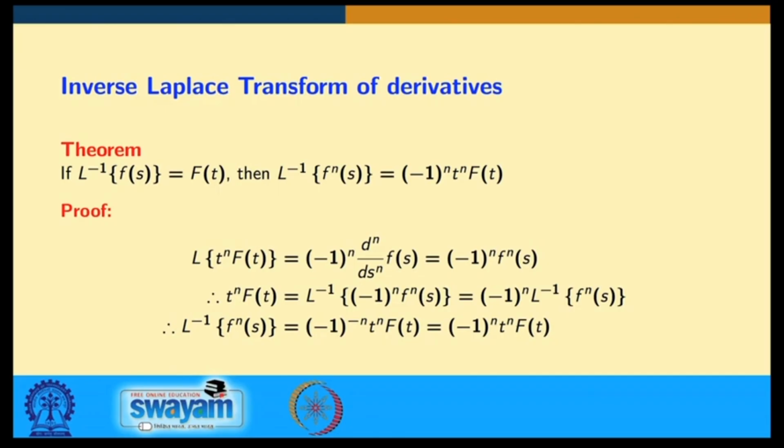From here I write minus 1 to the power n F^(n)(s), and then I directly get the result with the Laplace inverse, and ultimately we get the proof of this.